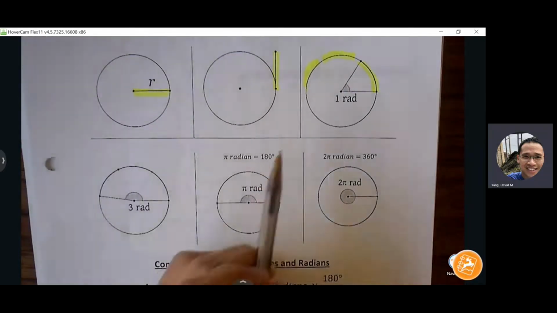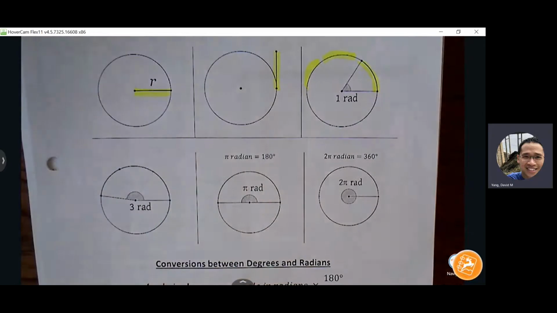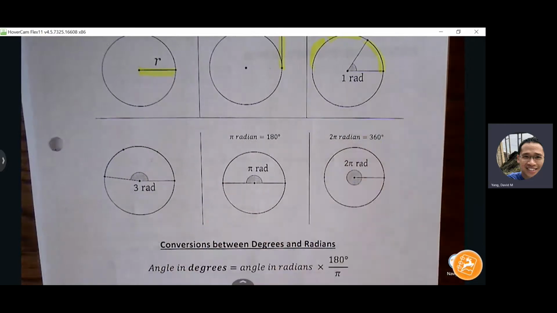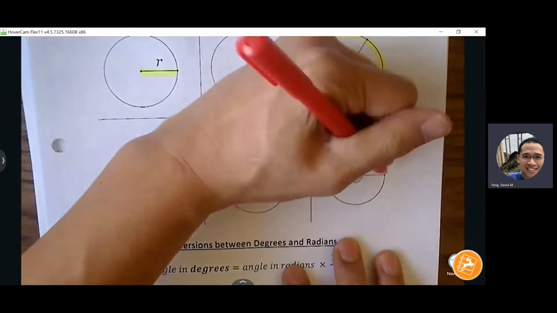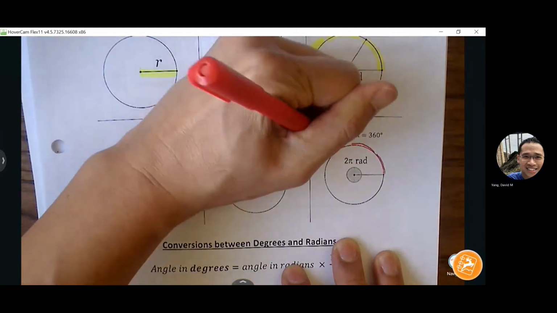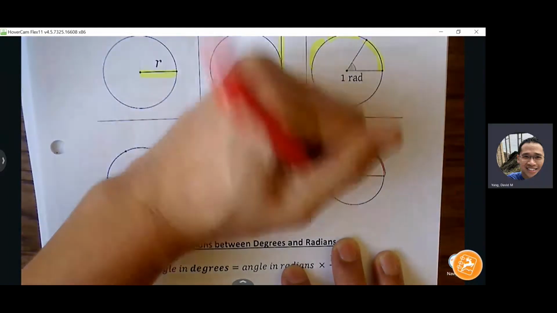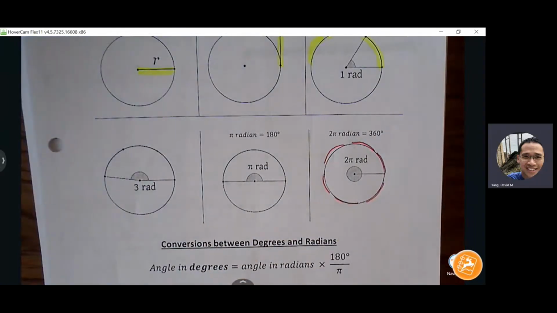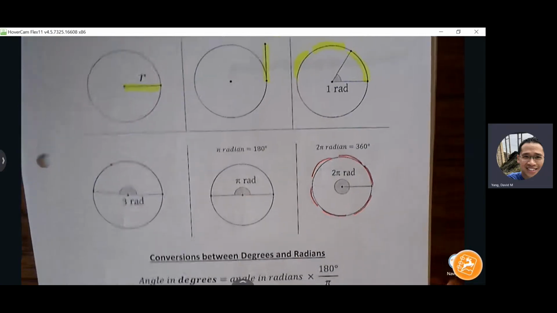So that's what a radian is. A radian is just taking the radius and folding it along the circle. So the reason why 2 pi is 360 degrees is because if you were to take that radius and let it fold across the circle, there are going to be 6 radii and change that can make their way around the circle. Okay, so that's all a radian is.